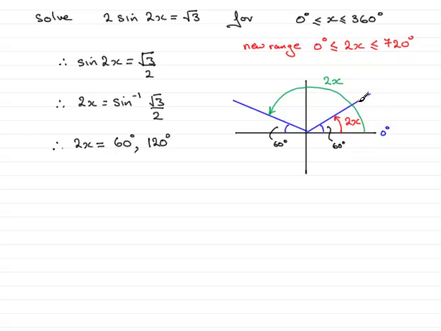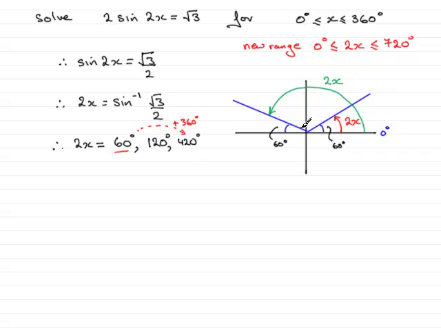So we can add 360 degrees to this 60 and get another possible solution. I'll mark that in, to show you that we're going from the red one to the next angle, which is to add 360 degrees. If we add 360 degrees to the 60 degrees, we get 420 degrees. So pop that in there.